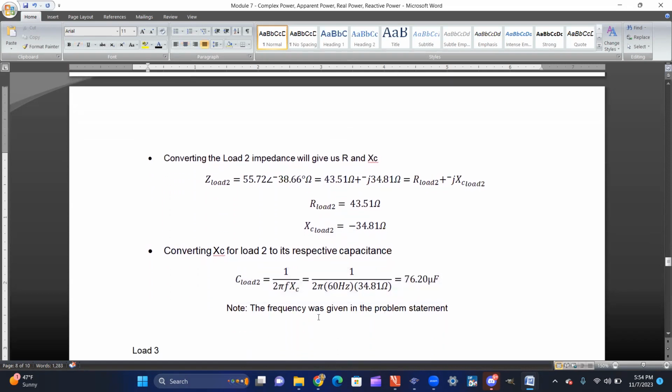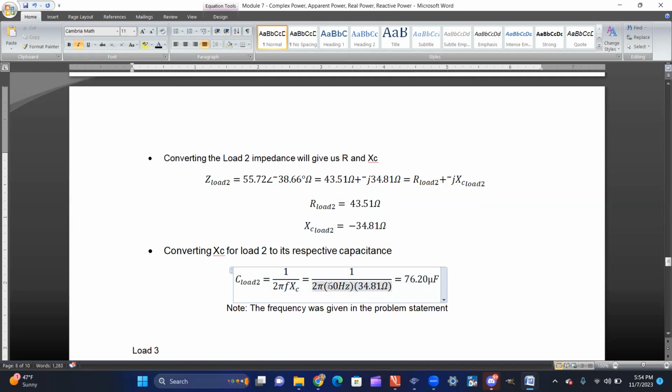And so we can actually figure out the actual value of that capacitor by manipulating our equation for capacitive reactance. So you get 1 over 2 pi f X_C, which is your capacitive reactance.